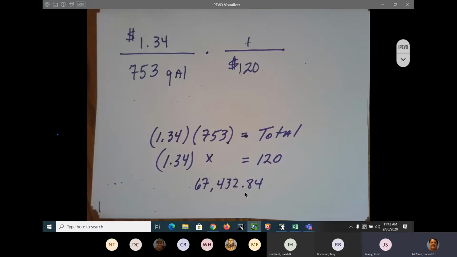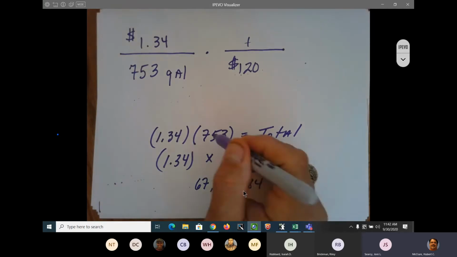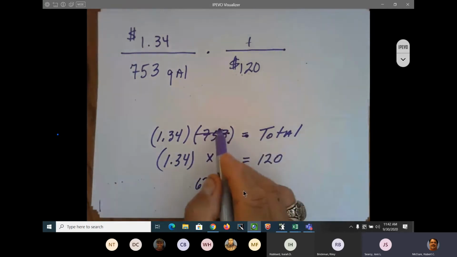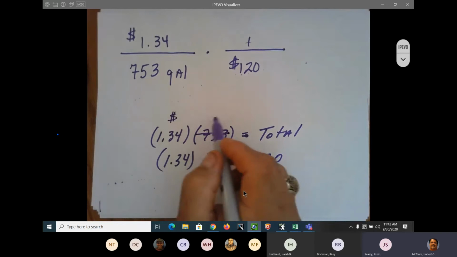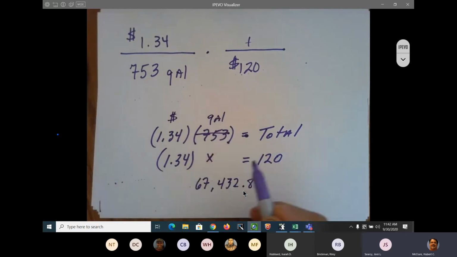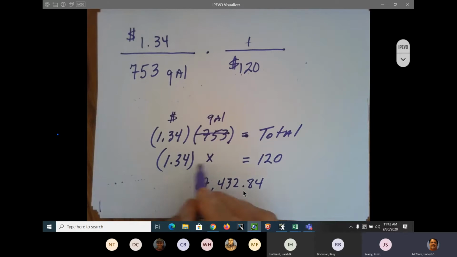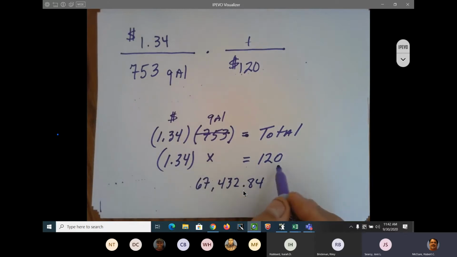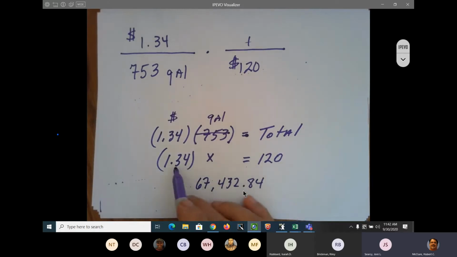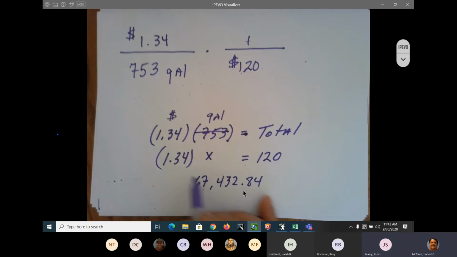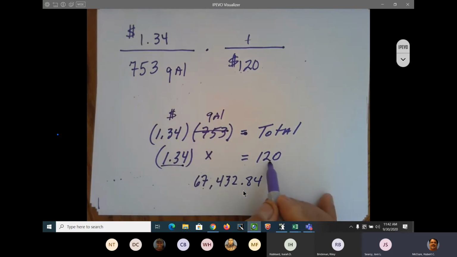What I did is I took out the 753 for a moment, and I said, well, that's gallons. This is dollars, this is gallons, and I don't know how many gallons. So I made 1.34x equal to 120. So I know that I've got 67 $1.34s in 120.